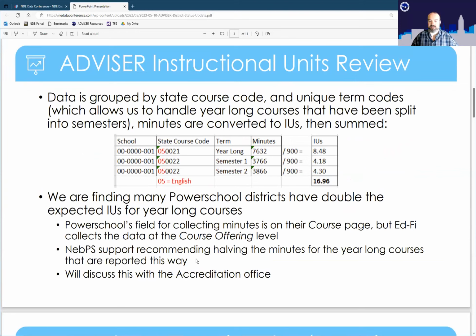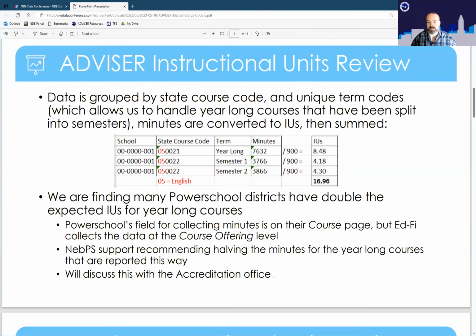I know Nebraska PowerSchool Support has been dealing with this. I think their recommendation has been to just have the minutes reported so that you don't want to end up with a year-long course split into 2 semesters, but then each semester says that a student is getting 8,000 minutes in each semester, which could be correct if you were a block schedule district, but definitely kind of an annoying effect of how we decided to do the instructional units calculation.